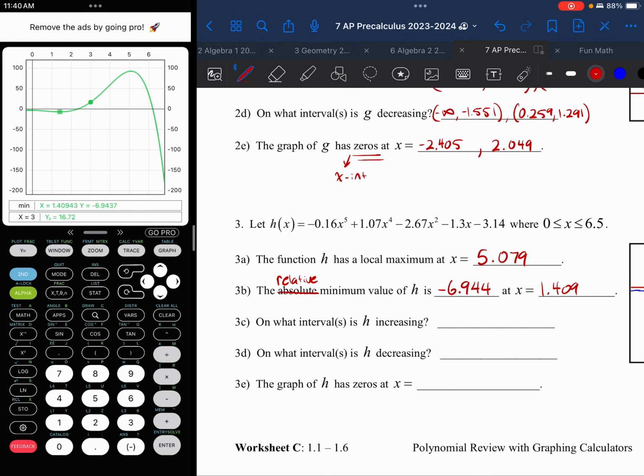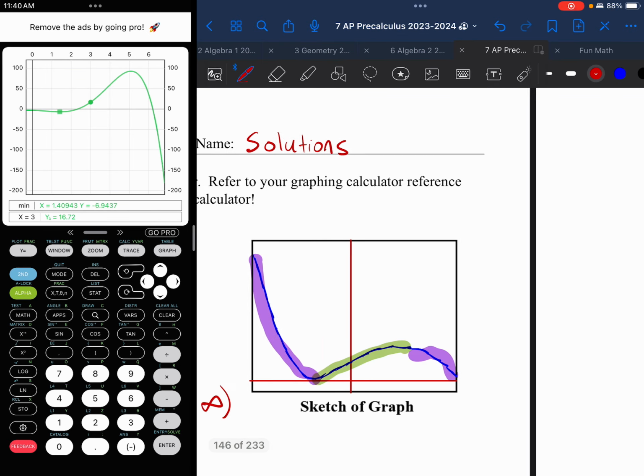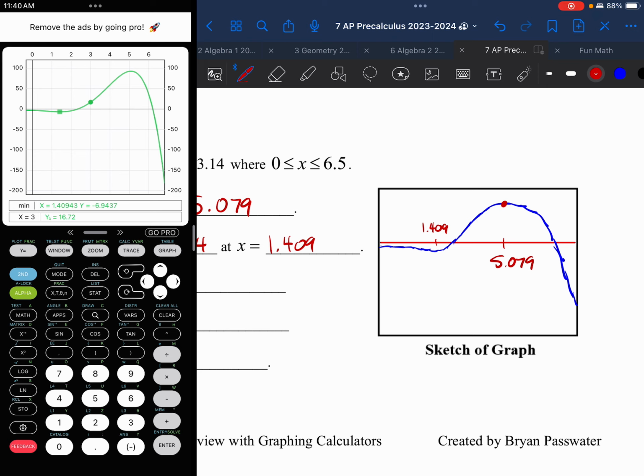So on what intervals is h increasing? Well, let me come back here and highlight. Where am I increasing? I'll do that in green. I'm increasing between here and here, and I'm decreasing between here and here and here and here. So I'm only increasing on this green window.